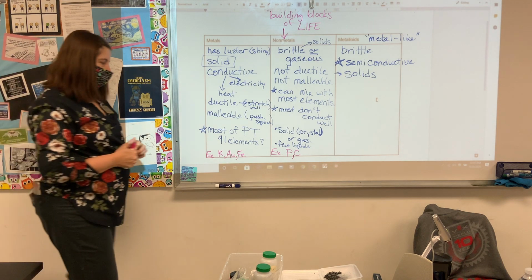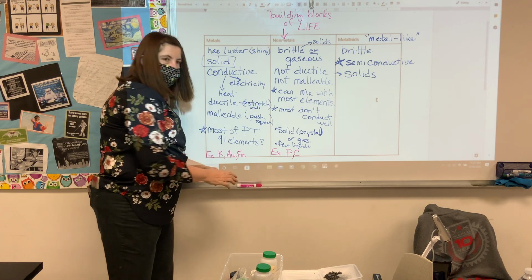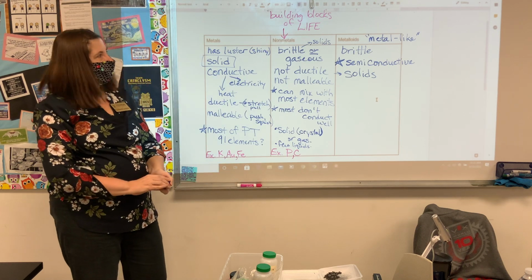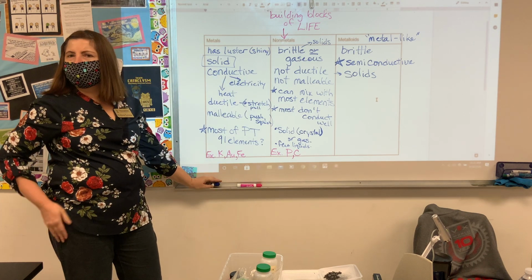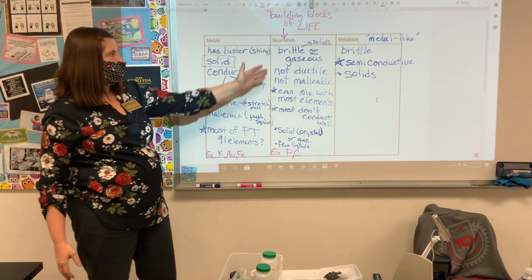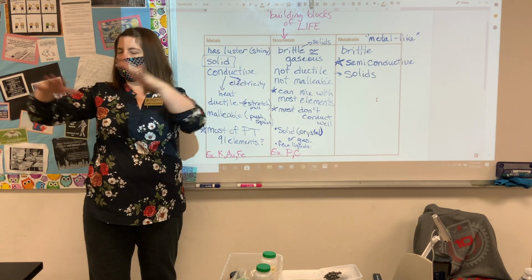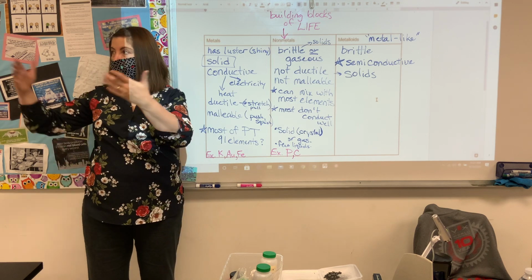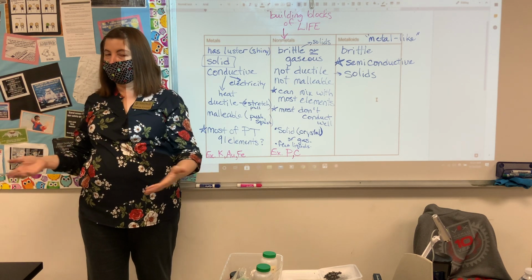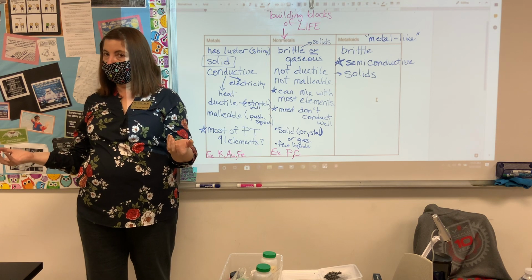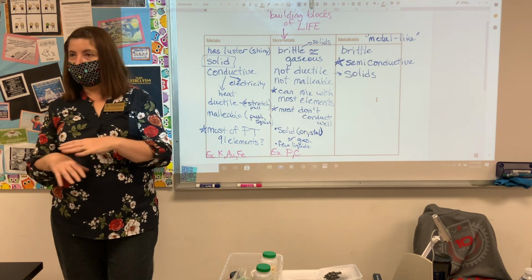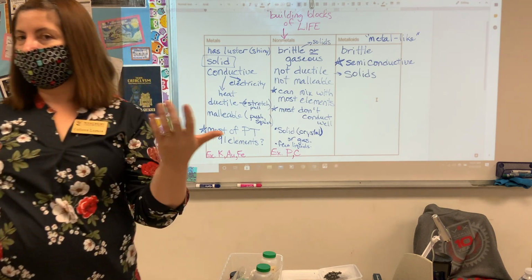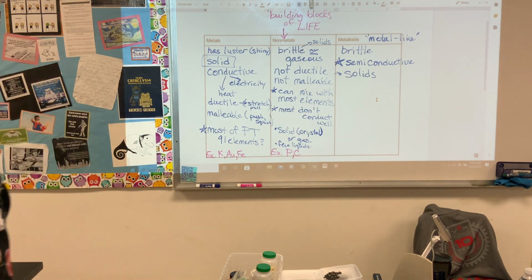So non-metals are more important than metals, kind of. They're both important, but without these non-metals, we wouldn't exist. But the majority of the different elements that we find are metals. That tells you how rare life is compared to the rest of the universe. Okay?